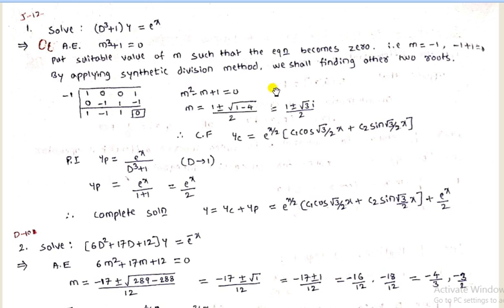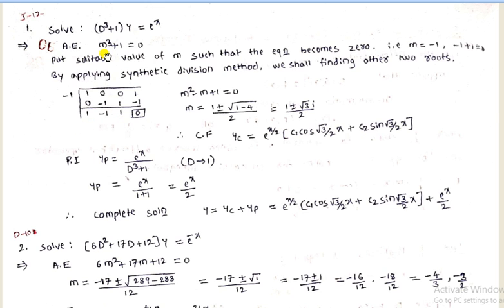With the help of a calculator, you will calculate the roots of m cube plus 1. You will get the roots as 1 by 2 plus or minus square root of 3 by 2 i, and its complementary function is e to the power 1 divided by 2 x into bracket c1 cos (square root of 3 by 2 x) plus c2 sin (square root of 3 divided by 2 x). Otherwise we calculate the roots manually.